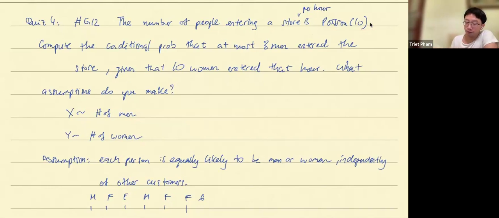So let's see, what do we have? What we have going on for us right now is only that X plus Y is Poisson 10. That's all we have.